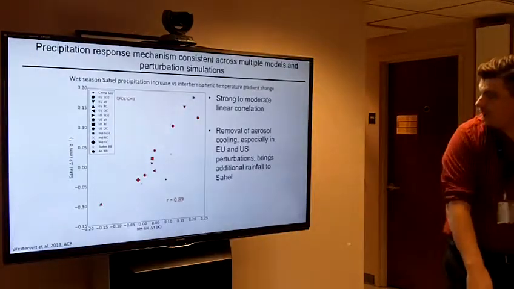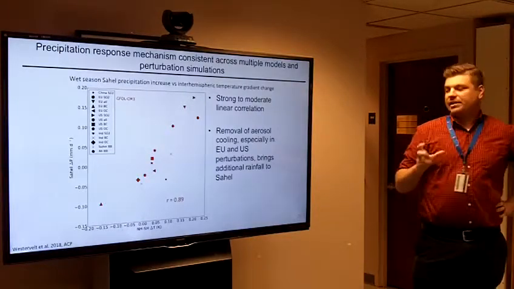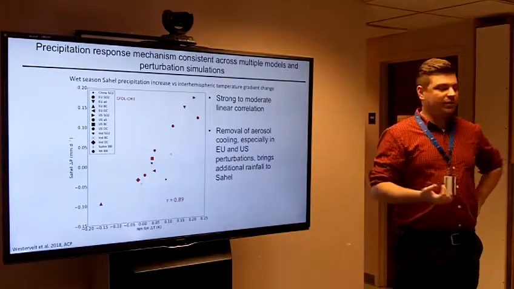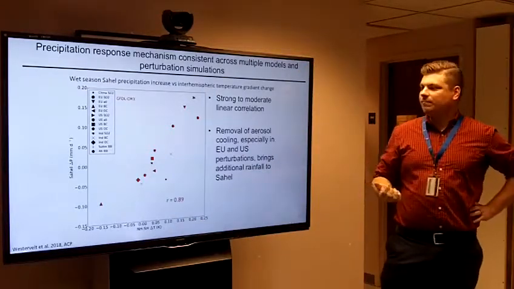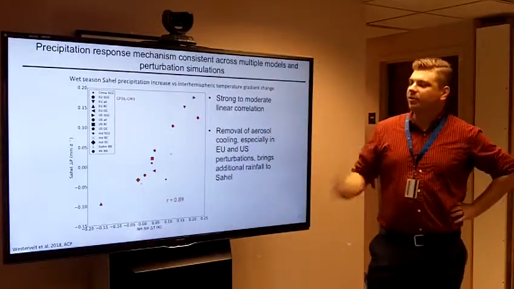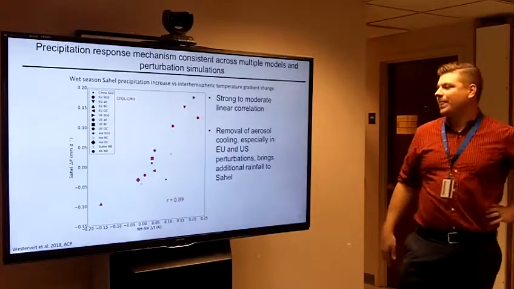So now what we did was we took that idea of the northern minus southern hemisphere temperature gradient and applied that to all the different model simulations that we did. So these symbols are the different perturbations, whether it's US SO2 or India BC or whatnot.